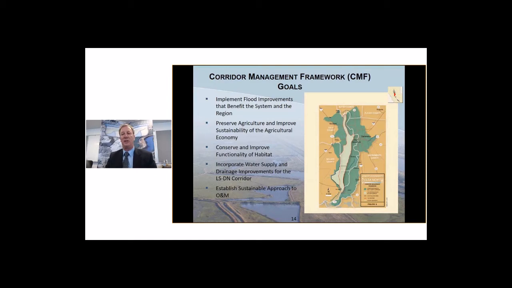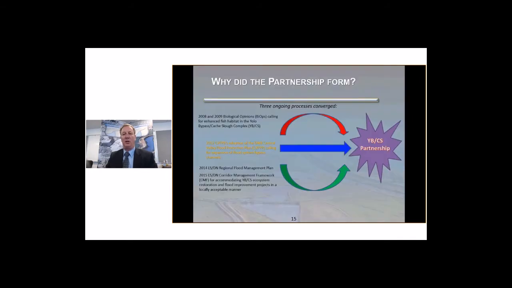To help assist with this, and efforts gone further, the state of California, through the Natural Resources Agency, created essentially what we call a partnership group. The partnership group was predicated on acknowledging that under the 2008-2009 BiOps, there is a desire to see fish habitat, fish improvements, and passage in the Yolo Bypass. It also acknowledges the Central Valley Flood Plan and its efforts, both in 2012 and its update in 2017 ongoing.